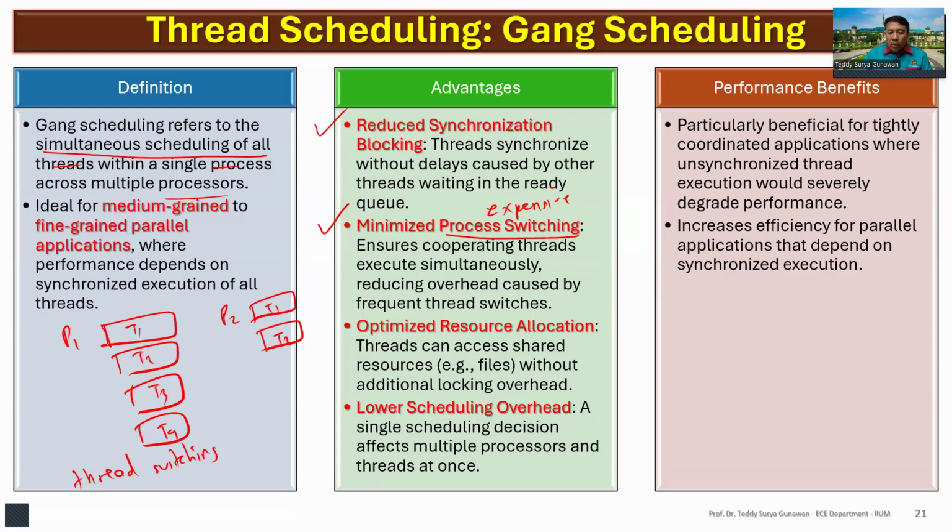Process switching is like moving from one house to another house. You might need to knock on the door first. But if you belong to the same house, you can move to a different room easily. So that's why thread switching is less expensive compared to process switching, like home switching.